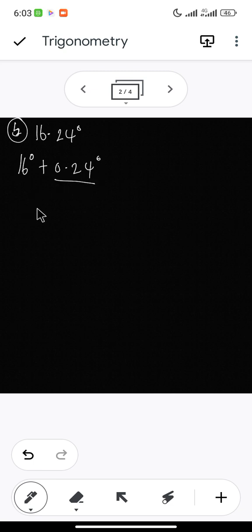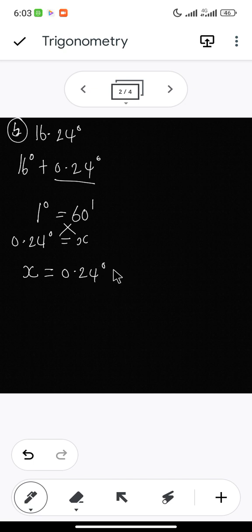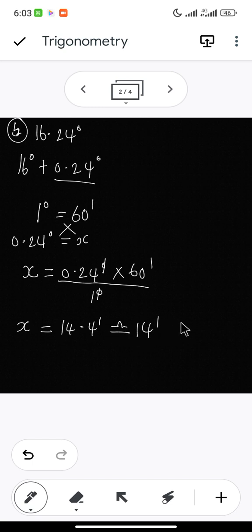So if 1 degree gives you 60 minutes, that means 0.24 degrees will give you x minutes. So you cross multiply. x gives you 0.24 degrees times 60 minutes all over 1 degree. This is going to cancel this. So x gives you 0.24 times 60, which gives you 14.4 minutes. Approximately 14 minutes to the nearest minute.